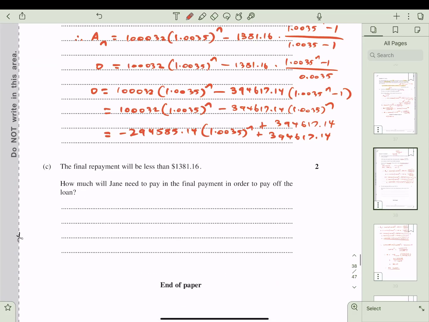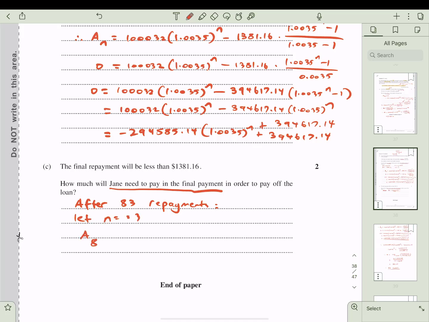All right, part C, last one. The final repayment will be less than 1381.16. How much would Jane need to pay in the final repayment? So this is actually a very tricky question. It seems very easy because all we need to think of is after 83 repayments, how much do I owe after 83? So after 83 repayments, we let n equal 83.